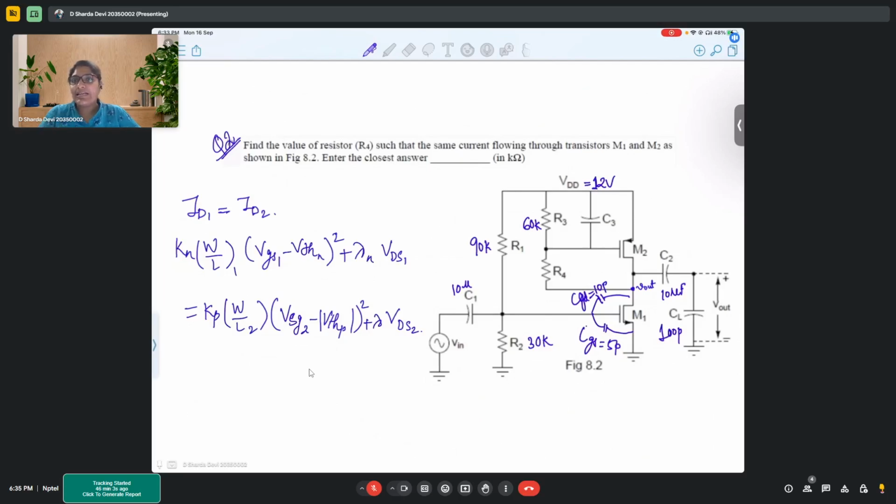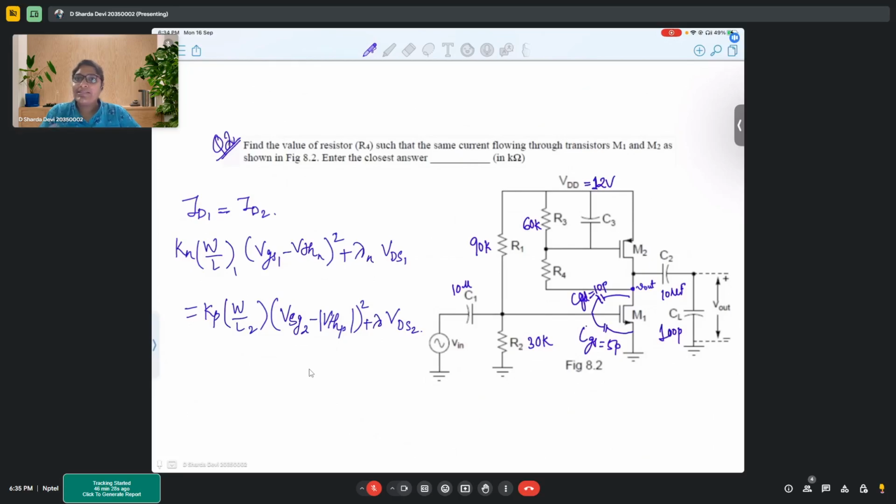The design idea also comes from there: you always want the maximum power provided by your supply to be dropped across your amplifier main circuit. You want very minimal wastage, because the power consumed by the biasing circuit is a wastage, right? You don't want your power to be wasted.